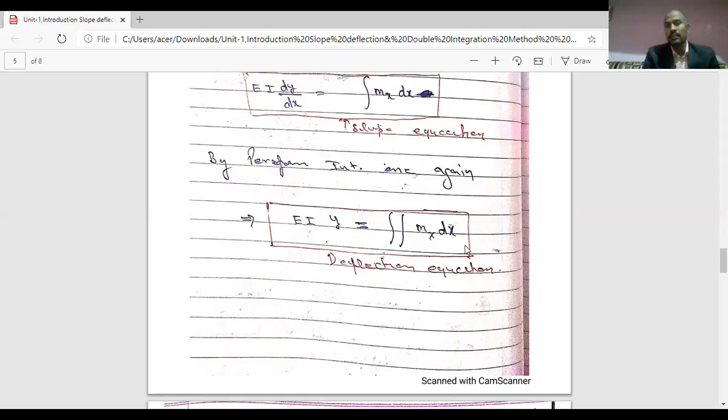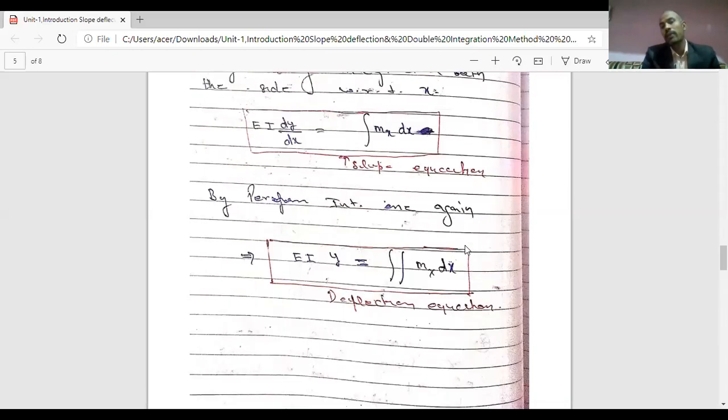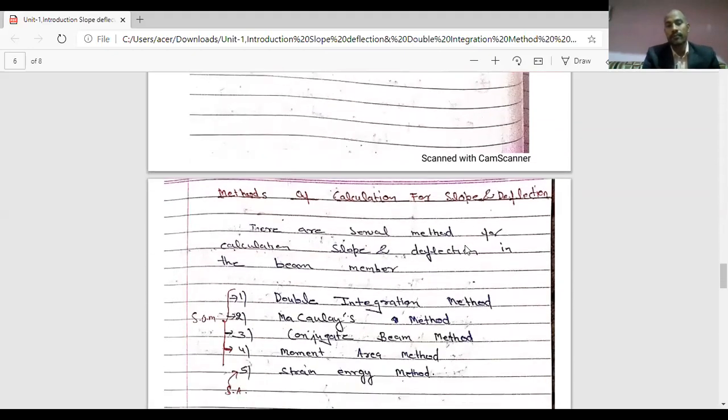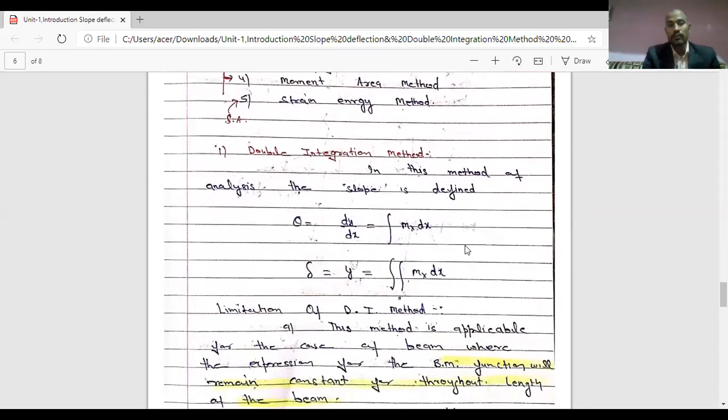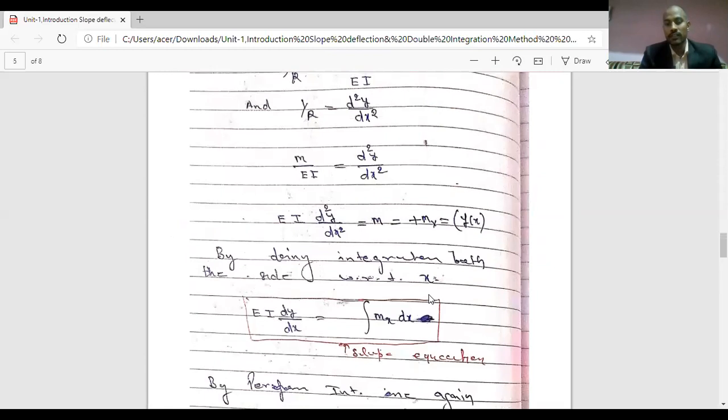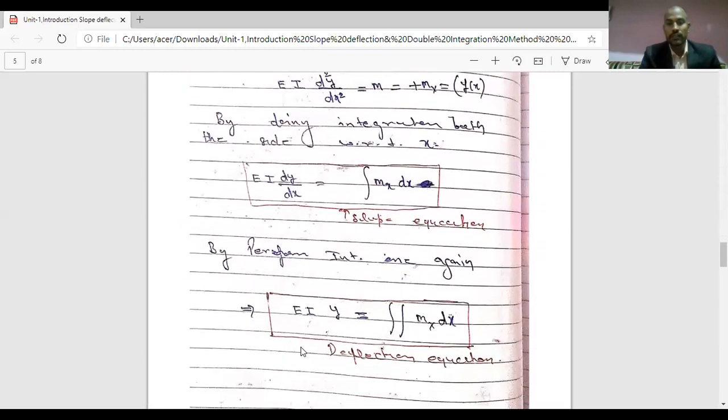This equation is the deflection equation. So for the double integration method, we learn theta equal to dy/dx equal to integration of Mx dx, or deflection equal to double integration of Mx dx. These are derived from the above equations.